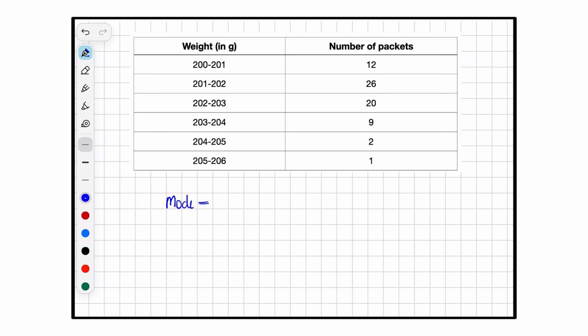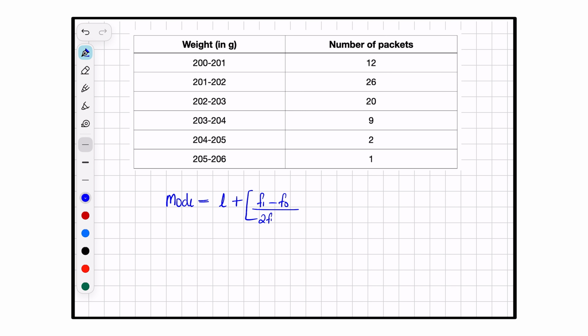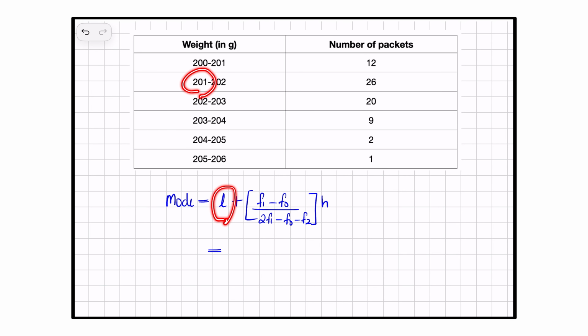So we have the equation. Mode is equal to L plus (F1 minus F0) divided by (2F1 minus F0 minus F2), whole into H. Now we will substitute the values. L is the lower limit of the modal class, that is 201. F1 is the frequency of the modal class, that will be 26. F0 is the frequency of the preceding class, and F2 is the frequency of the succeeding class.